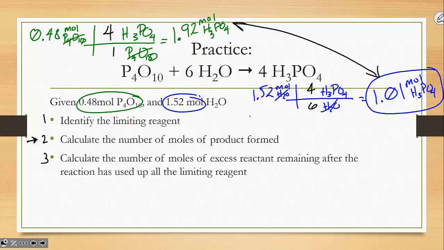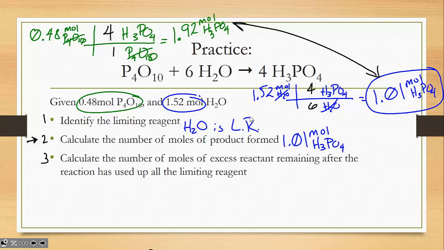Since 1 is less than 2, the lower amount is the amount you make. So the answer here is 1.01 moles of phosphoric acid, meaning that water is our limiting reactant.